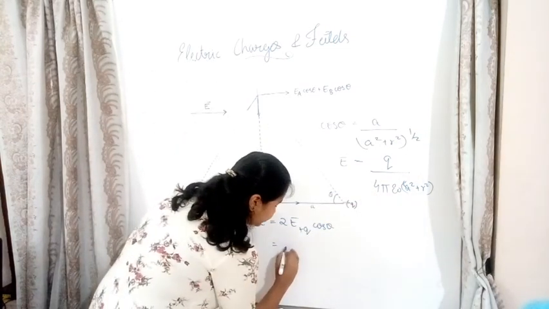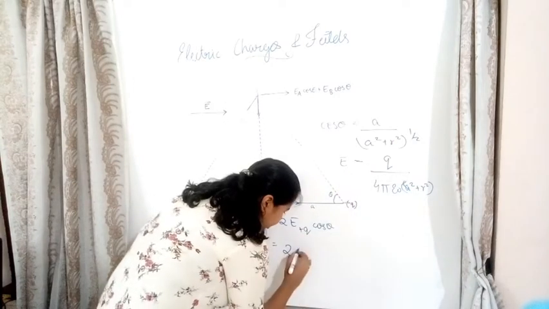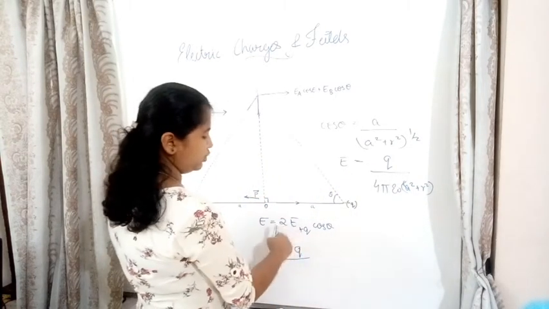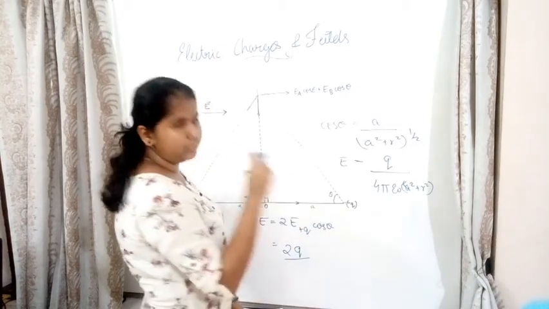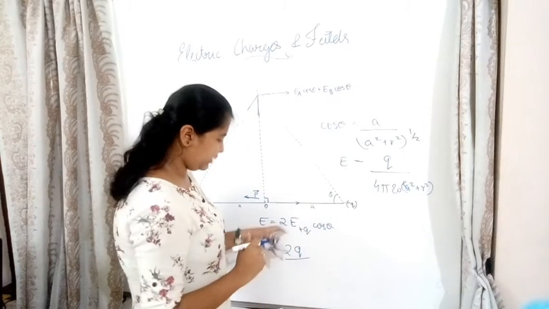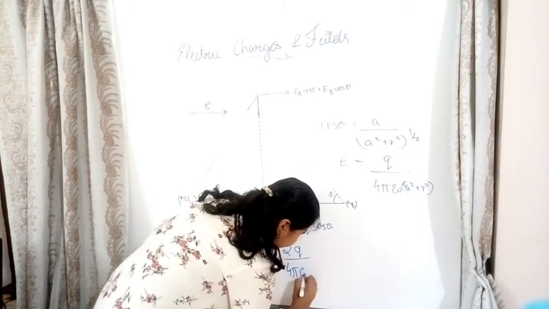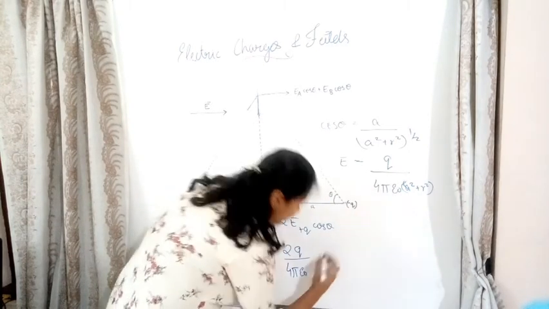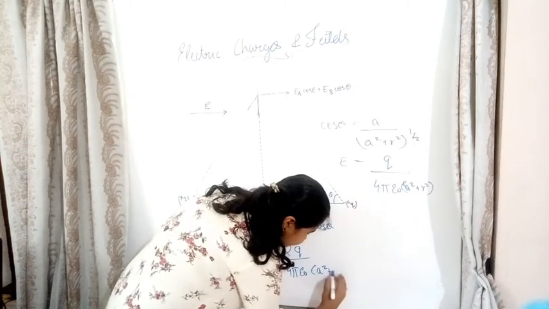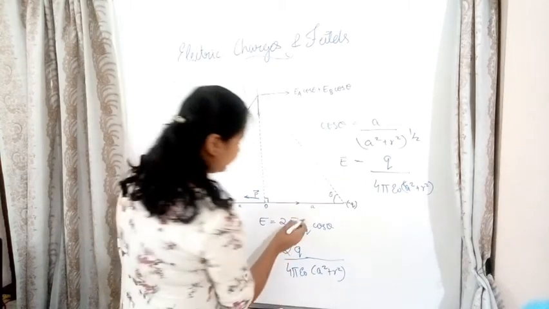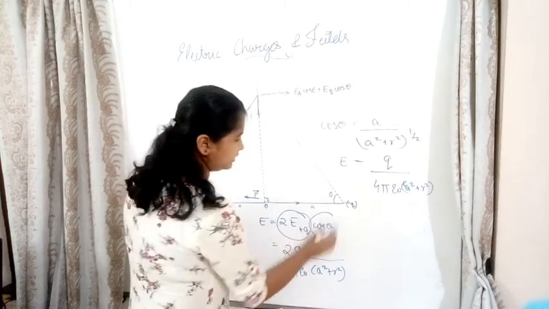So that is 2E Q cos theta. So 2 into E is Q by 4 pi epsilon 0 into A square plus R square. Now we have to substitute cos theta.